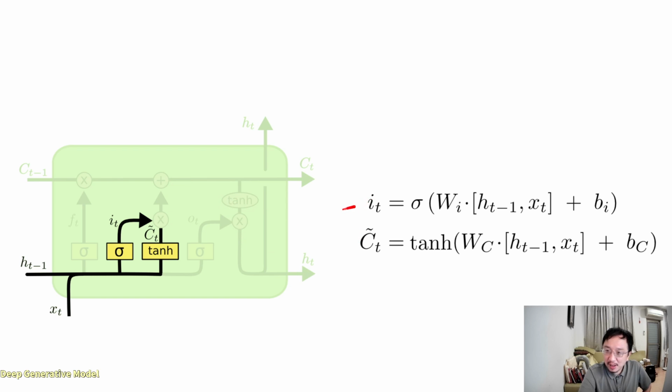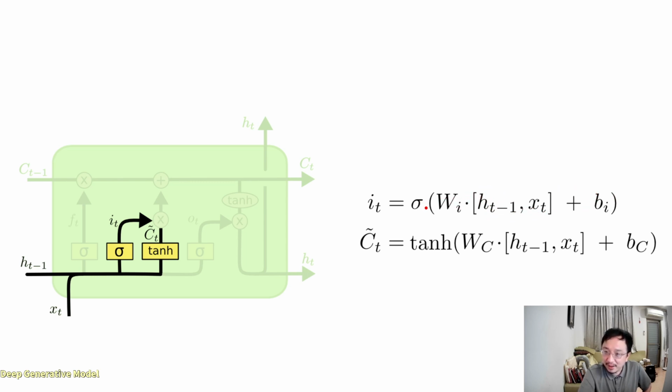But we do not simply update the memory to the new one. We compute another gate, and again, the gate is computed using another weight, other parameters, but also still an affine transformation, and still depends only on xt and ht minus 1. We compute a gate right here.